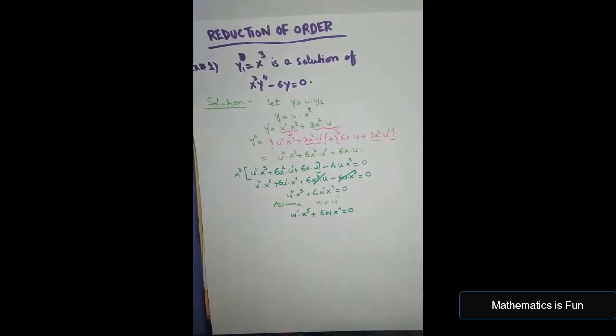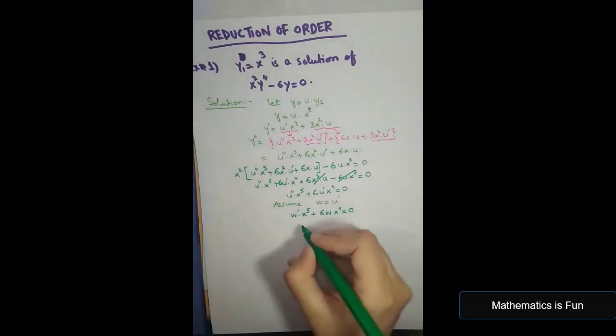So what does it become? I can see that it is separable. I cannot easily use the other method of integrating factor; I can simply solve it by separation of variables, honestly.